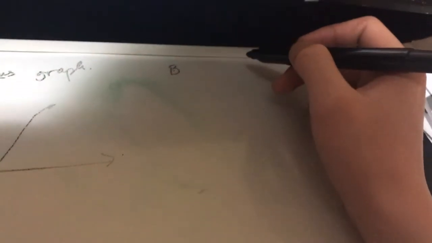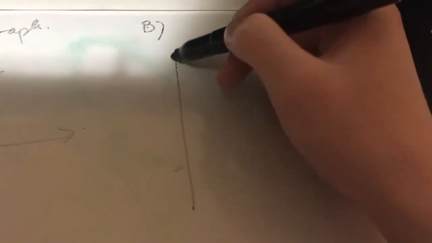And these next three graphs are not going to be continuous at some point. Okay, so there is a graph.